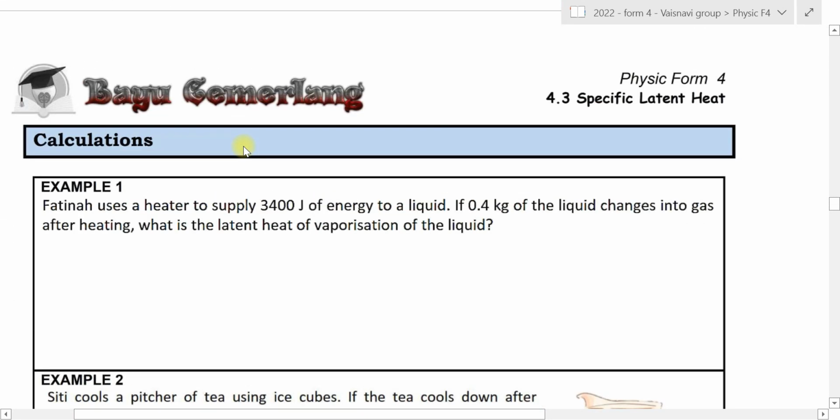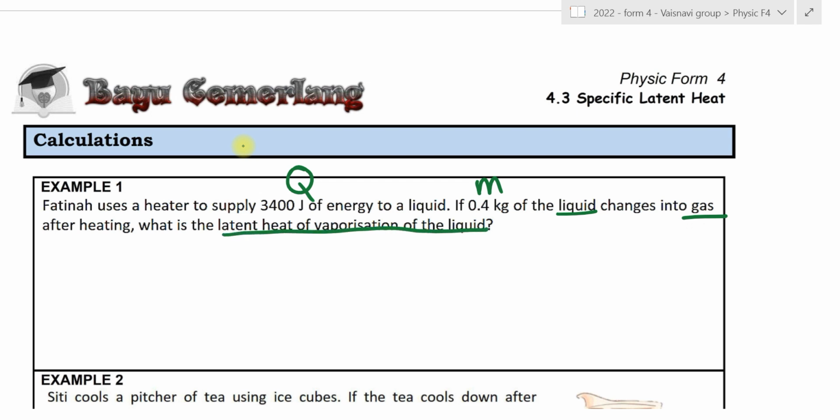Okay. Example 1. Fatina used a heater to supply 300 joule of energy to a liquid. Q lah. If 0.4 kg of the liquid change into gas, tengok phase of matter change after heating. What is the latent heat of vaporization of the liquid?